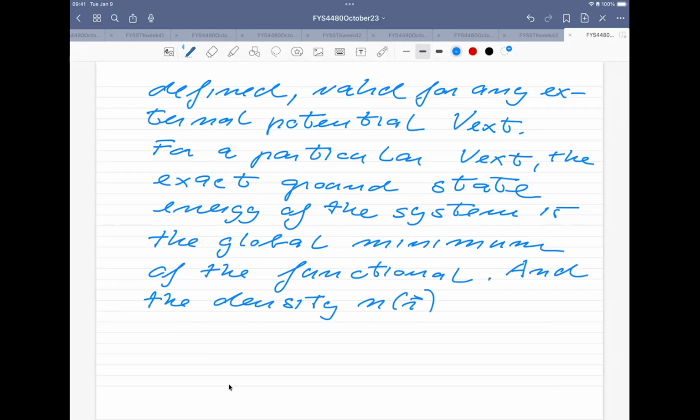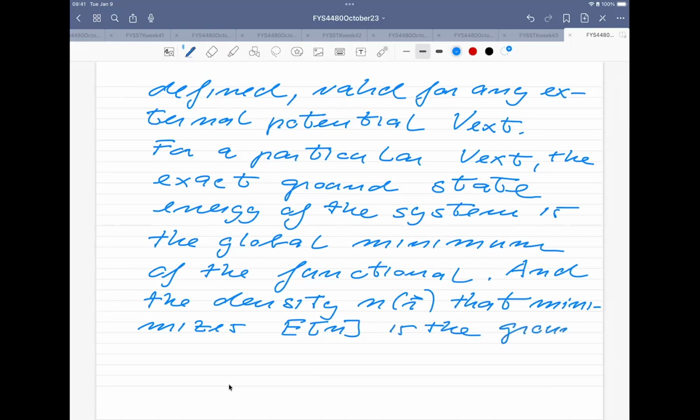And the density n of r that minimizes E of n is the ground state density, which we called n0 of r.